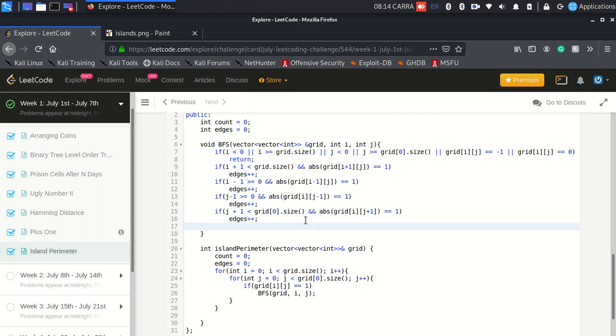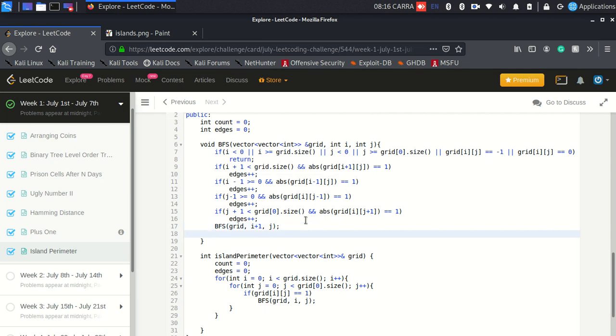Now since I have done this, the next step remains very much the same. I would just call BFS of grid and i plus 1 and j and all the sides, for every side again recursively.